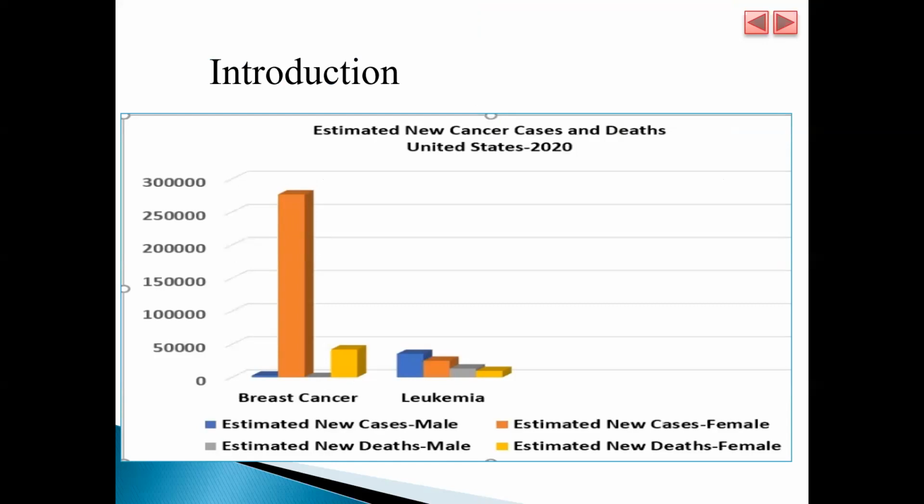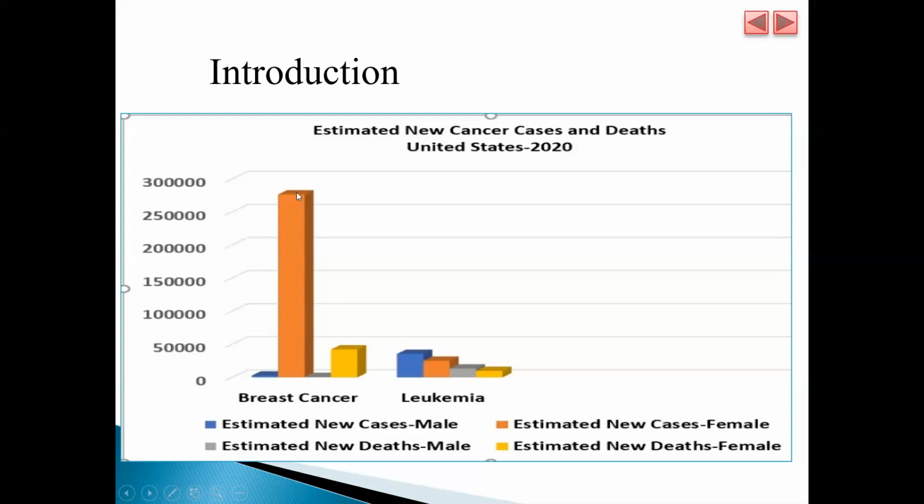And this is about cancer. We are going to classify cancer drugs. When we look into the bar chart, we can see this was data given by the American Cancer Society in the year 2020. We can see that for breast cancer, the predicted new cases are more than 250,000.